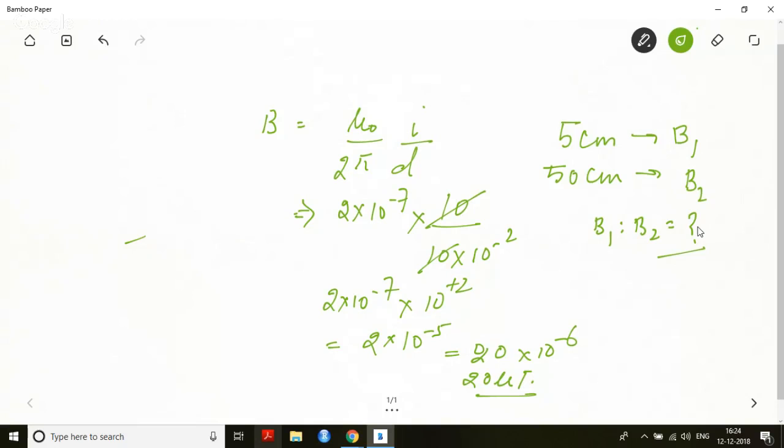What is the second answer? Anyone who is getting the answer?